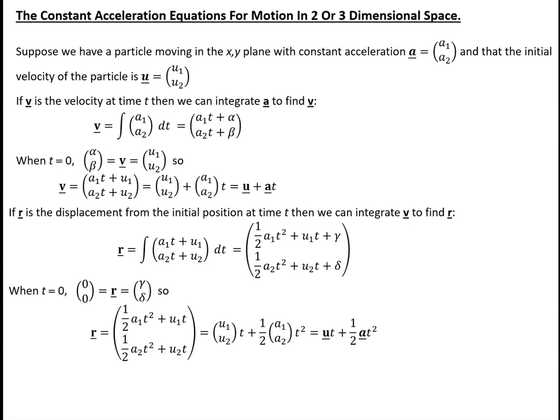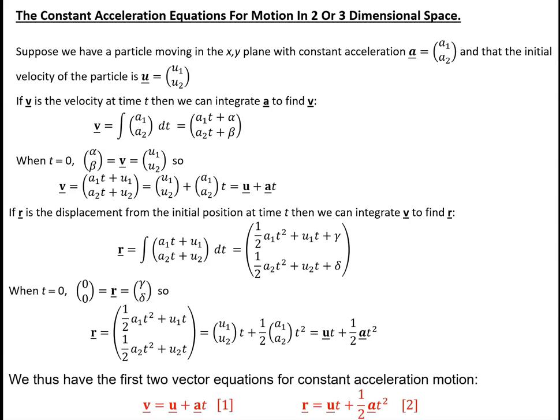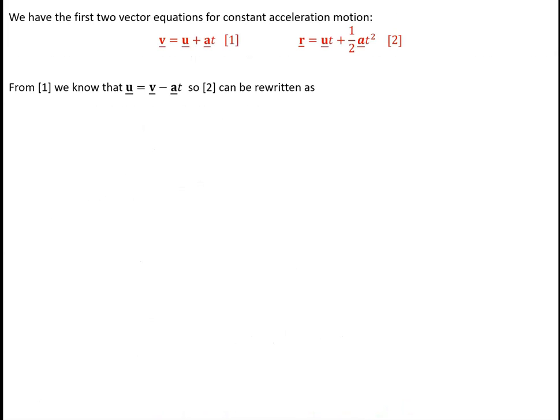The vector r is equal to the vector u times t plus a half of the vector a times t squared. So we've obtained the first two vector equations for the constant acceleration motion. And they're very, very similar to what we had in Unit M2 for motion in a straight line.